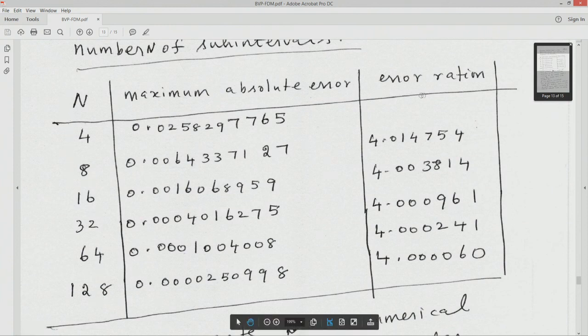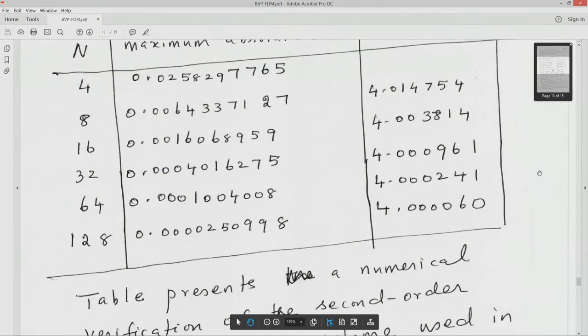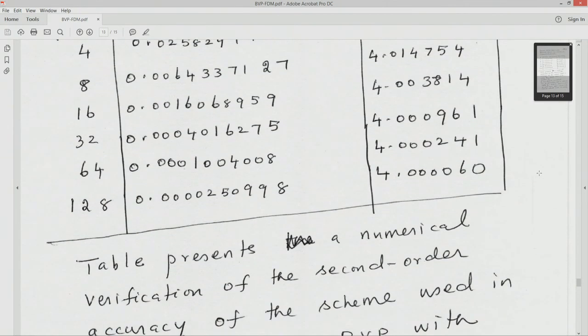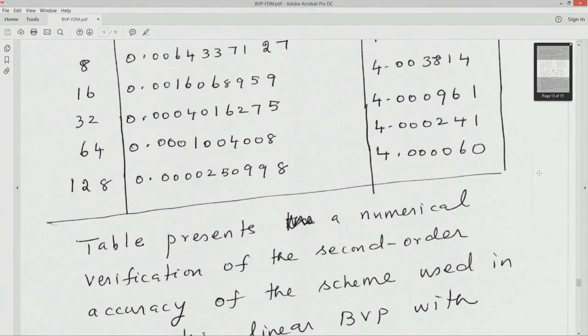So, let us just look at this table and focus our attention on this column, namely the column which specifies the error ratio. So, the table actually presents a numerical verification of the second order accuracy of the finite difference scheme that we have used in the solution of the linear boundary value problem with Dirichlet boundary conditions.